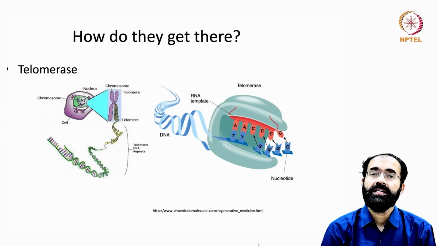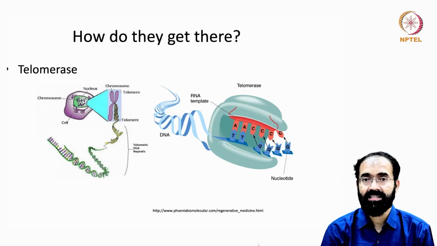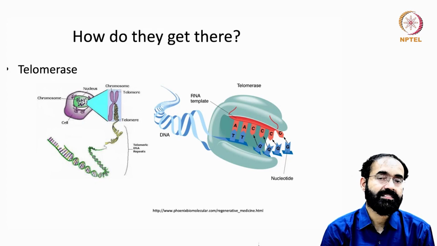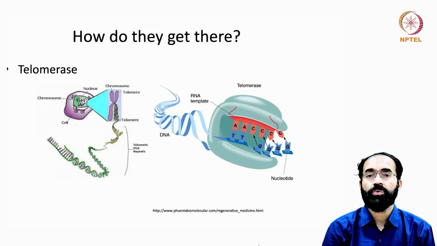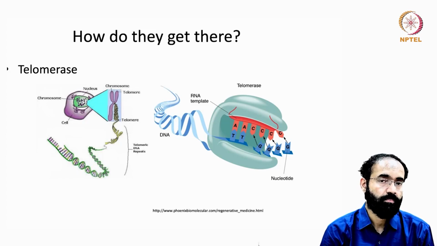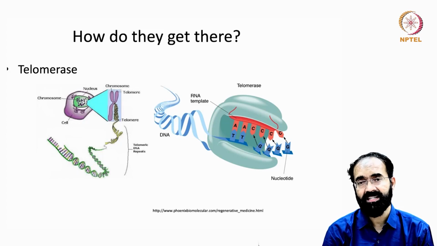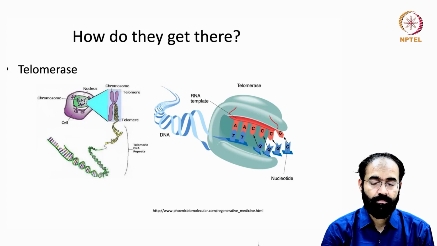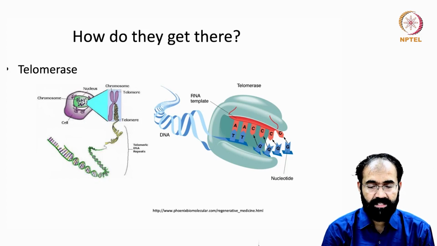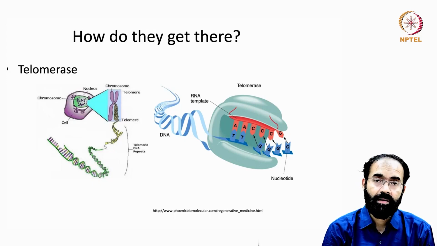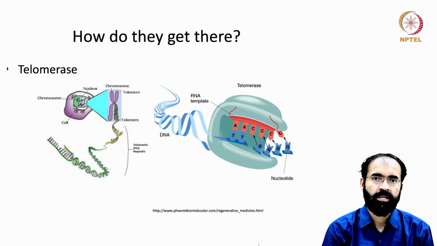It adds onto one strand, not both strands, because the other strand is done by another molecule. So you can see the TTAGGG sequence repeats, and the template is an RNA template.